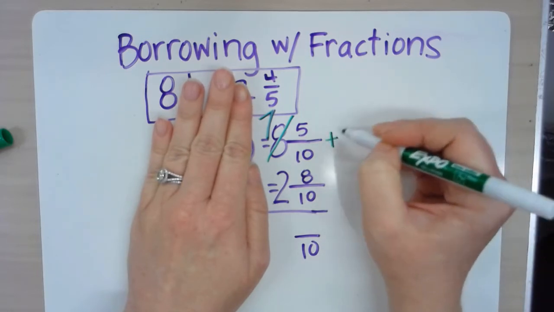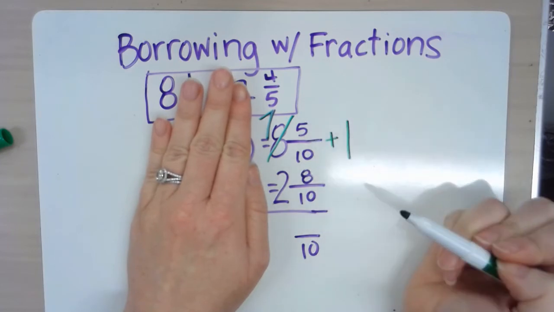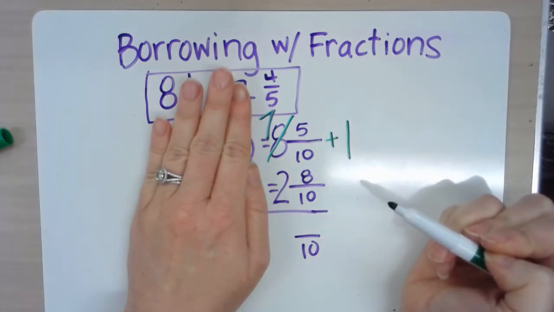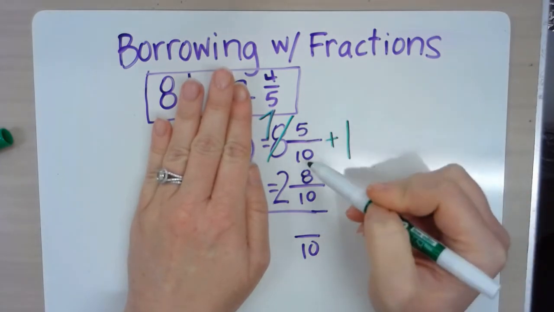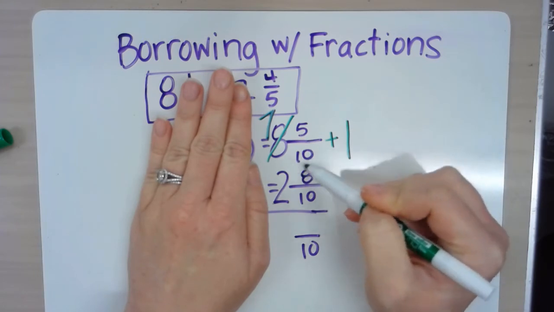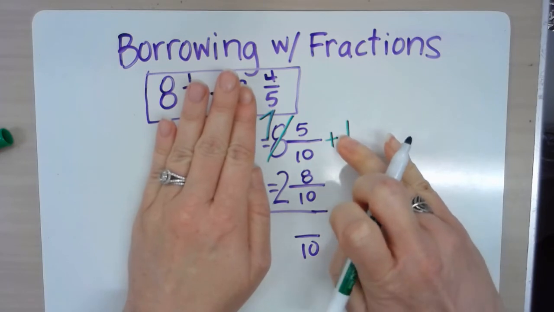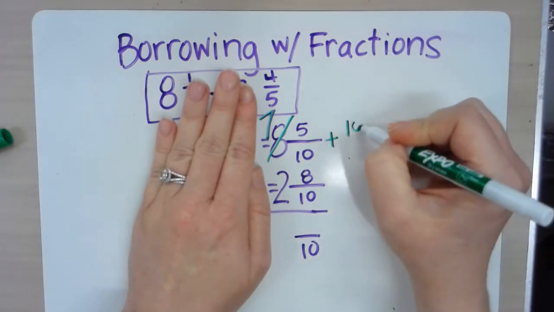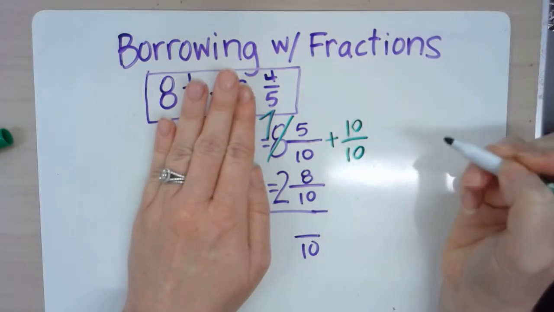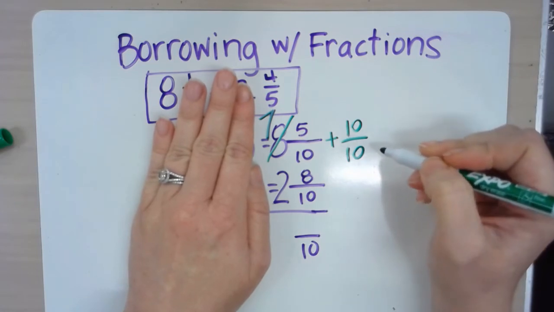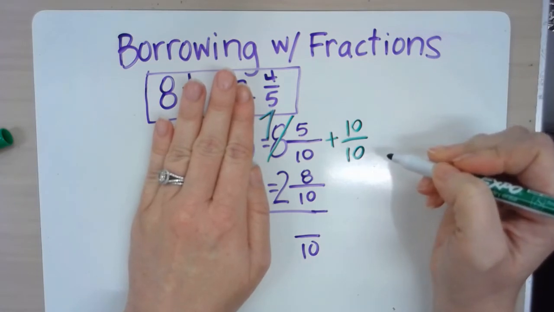If I want to give one whole to 5/10, I ask myself, how will I do this considering that I have a fraction here with a denominator of 10? Just as we have been doing in this unit, we remember that fractions of 1 exist, and we can use these in order to make our computation more efficient.